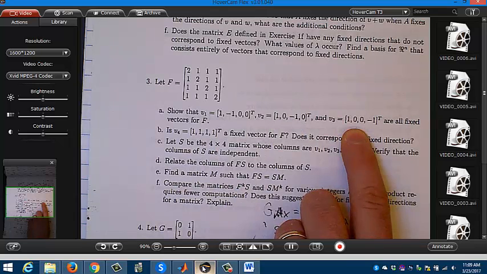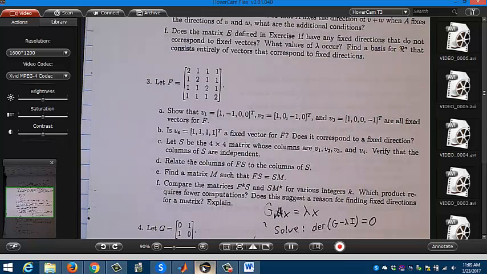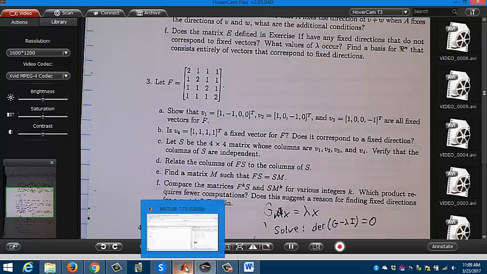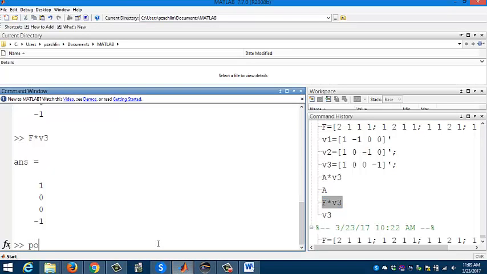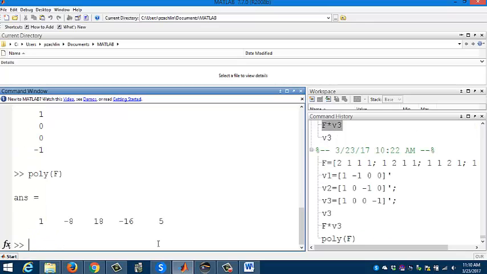Maybe what's interesting would be to find the characteristic polynomial of F. Well, there it is. I'm going to write that down. How do you write that down? What would it be?